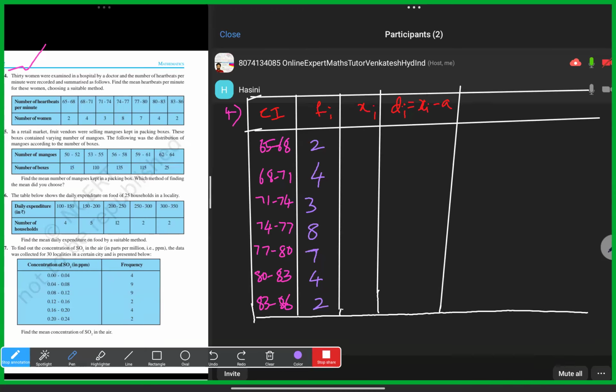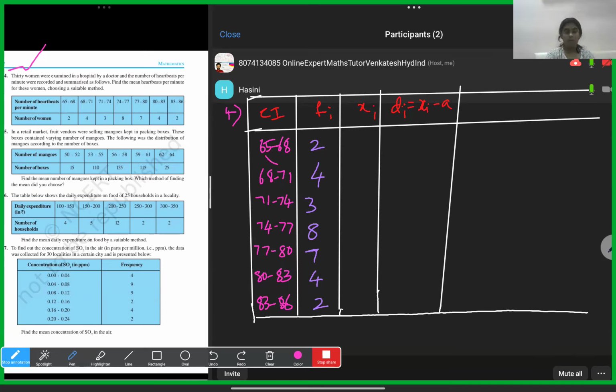Xi, Hasni. So 65 plus 68, lower limit plus upper limit by 2. 65 plus 68 is 133. 133 by 2 is how much, Hasni? Sir, could you repeat?